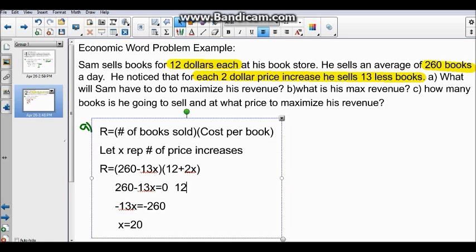And 12 plus 2x equals 0. Bring 12 to the other side. Divide both sides by 2, and x is going to equal negative 6.